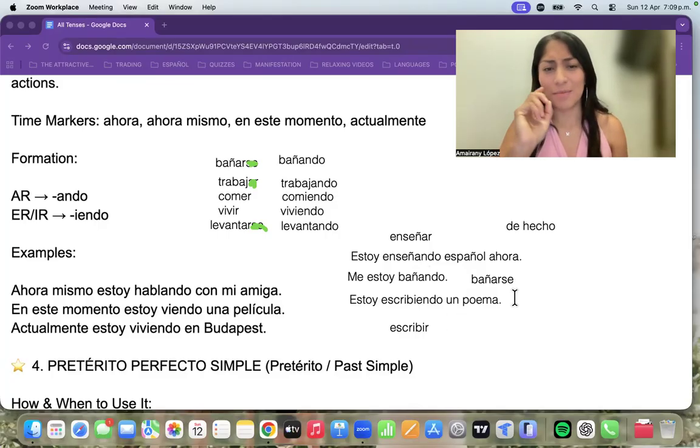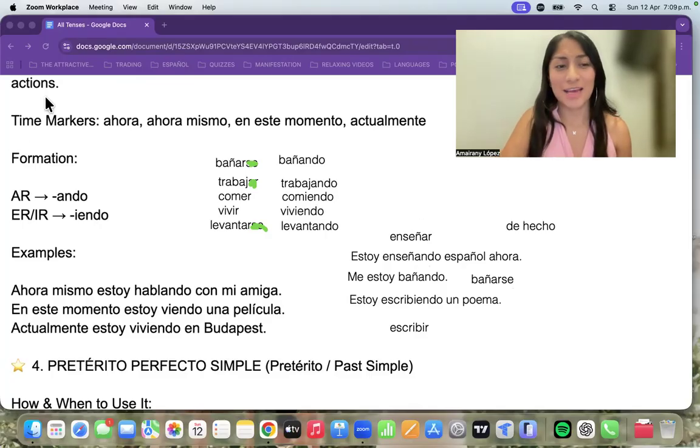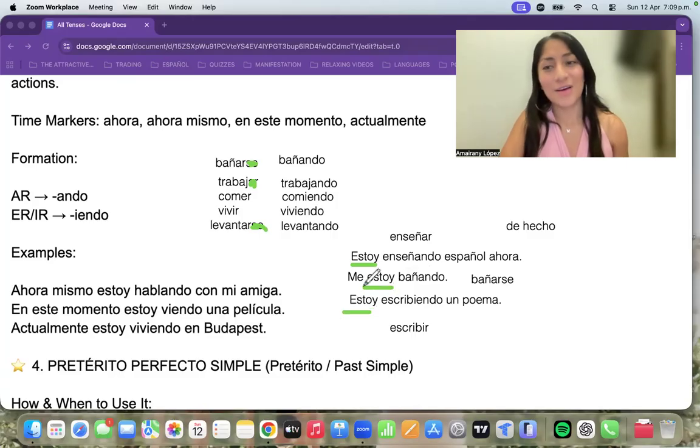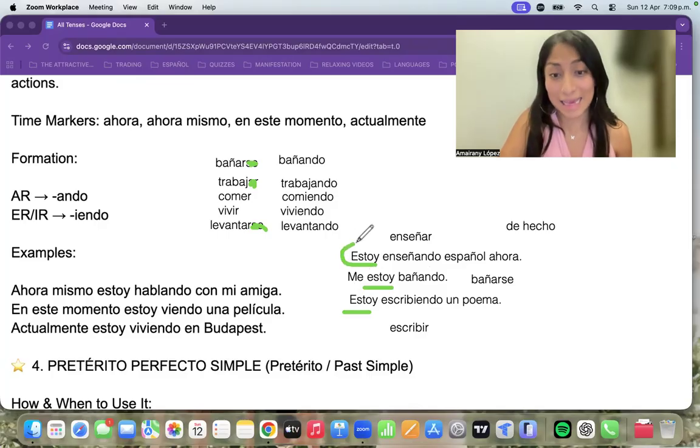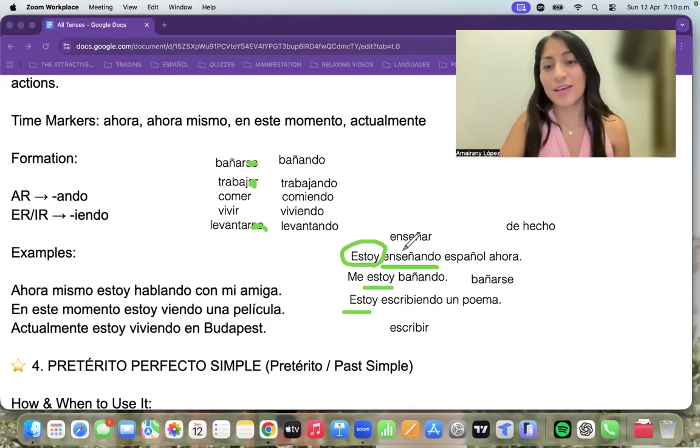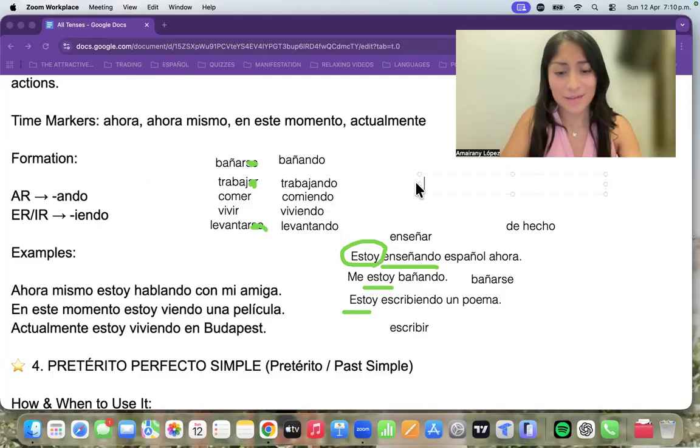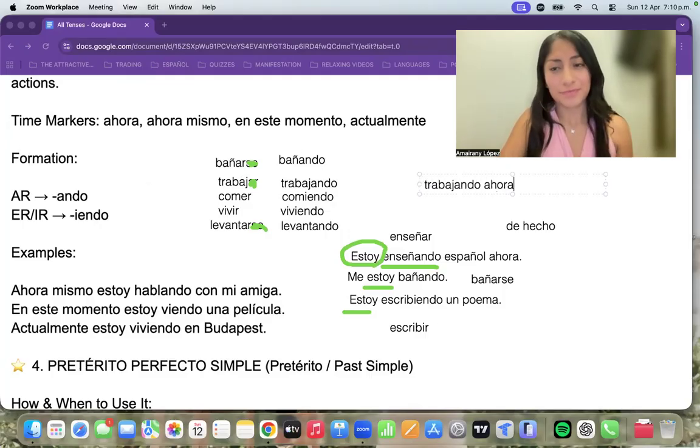Okay, so maybe you noticed that I am using estoy. What does estoy mean? Estoy means I am. So if I say I am teaching, then I would first use estoy and then the word teaching. Because what would happen if I just say trabajando ahora? Working now. I mean, of course, if you're texting someone and they just reply working now, then that means they're working, they're busy, right?